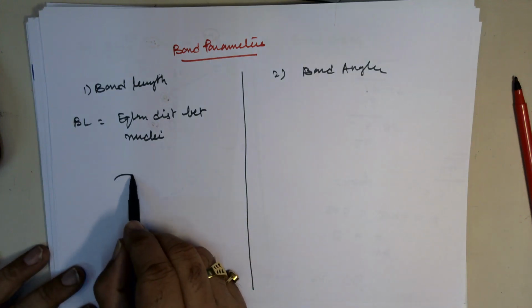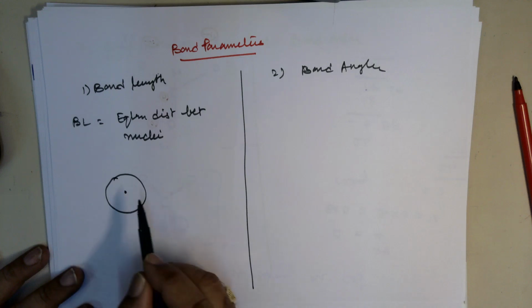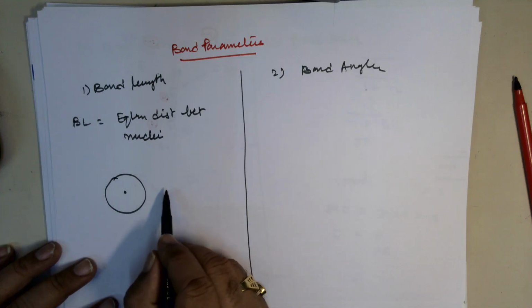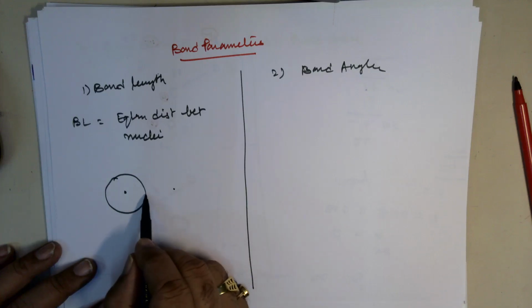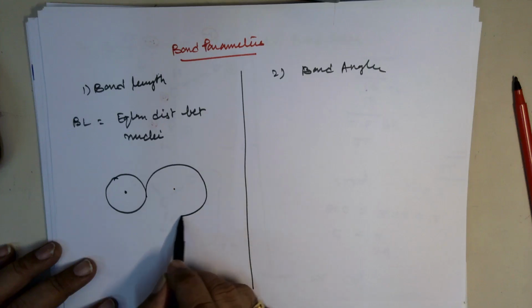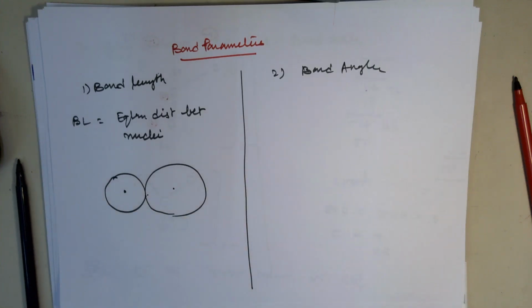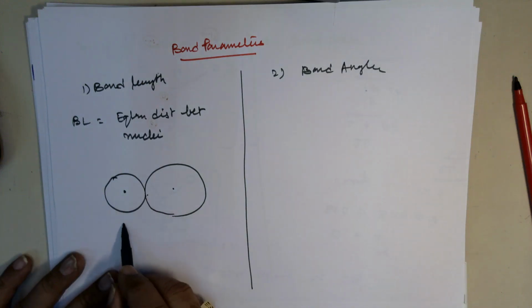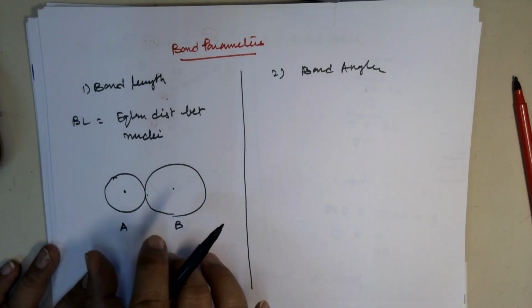For example, let me call one atom A and another atom B. So this is A, this is B. These are the two participating atoms or bonded atoms.